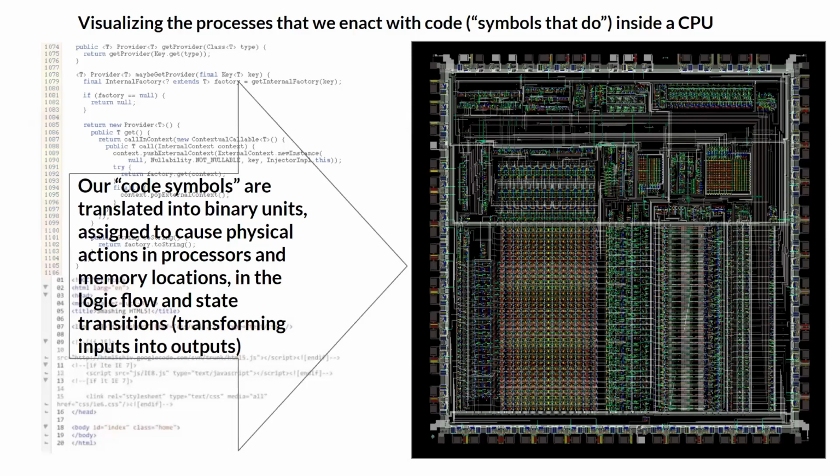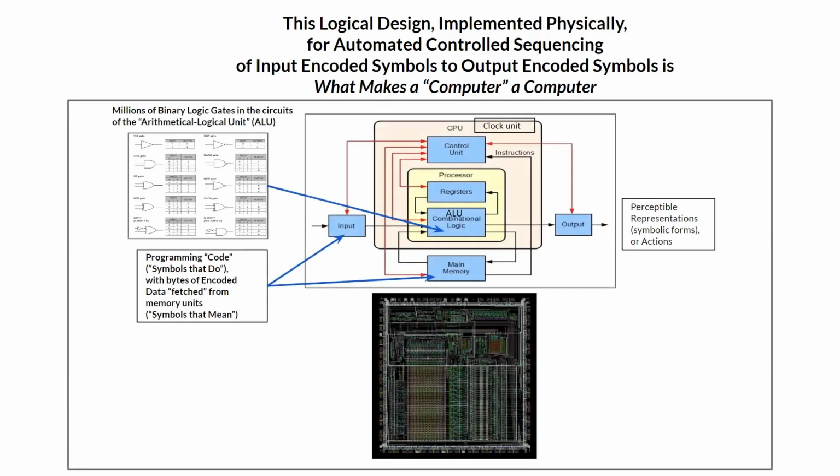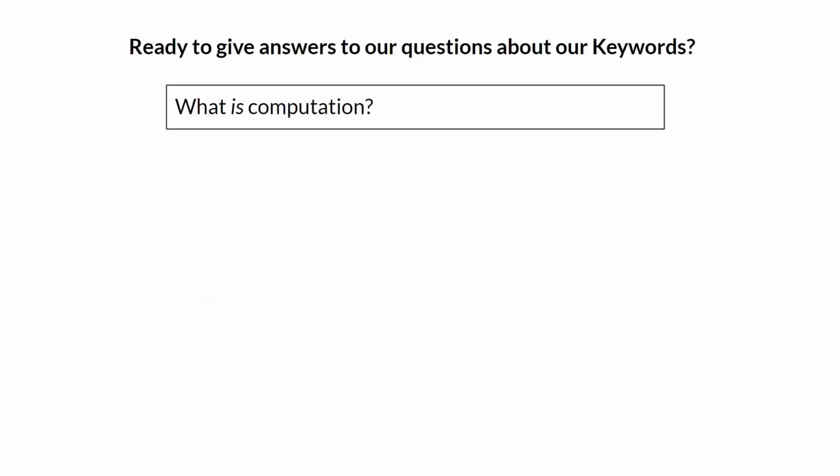This is what happens, the visualization of when we enact symbols that do inside the system. So this whole logical structure, implemented physically for automating controlled sequences of input encoded symbols to output encoded symbols, is what makes a computer a computer. There we have it, a snapshot, right? No magic, no mystery. It's all part of human design.